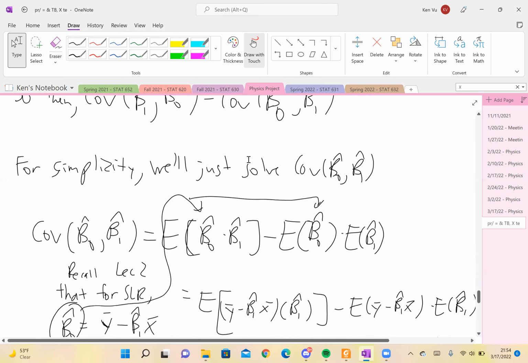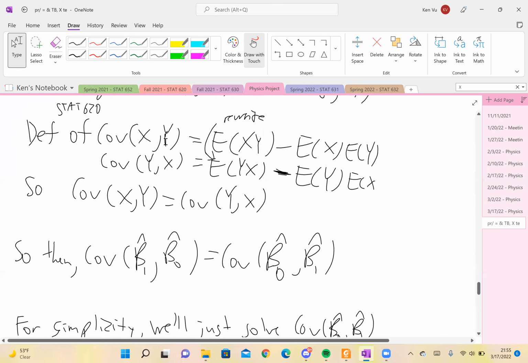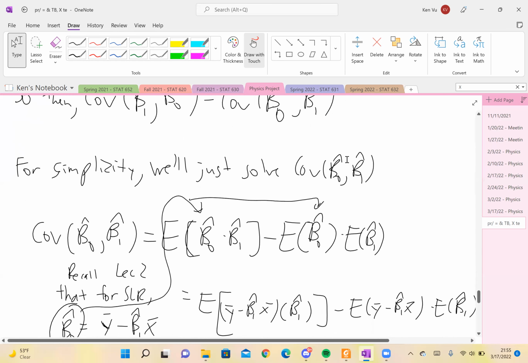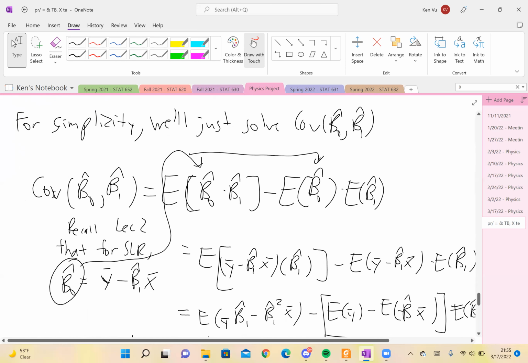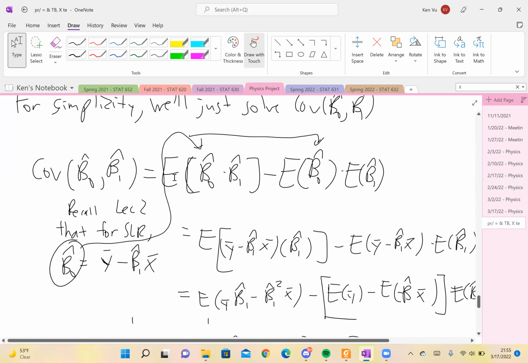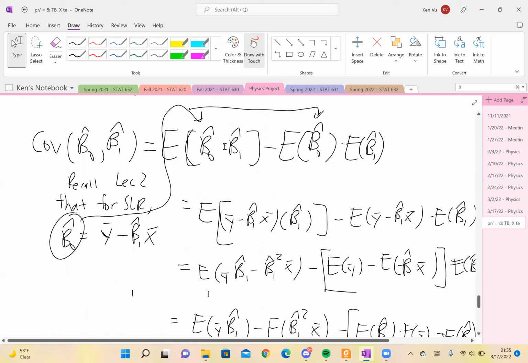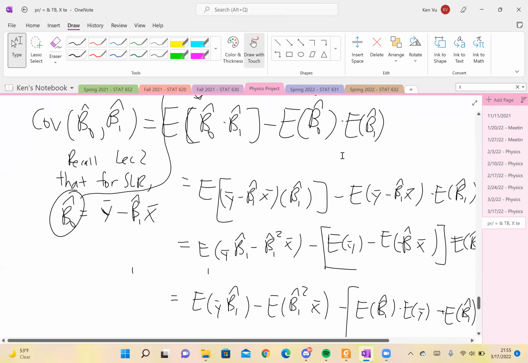So using the definition of covariance up here, we're going to figure out covariance of beta 0 hat and beta 1 hat, which is the expectation of beta 0 hat times beta 1 hat minus the expectation of beta 0 hat times the expectation of beta 1 hat.